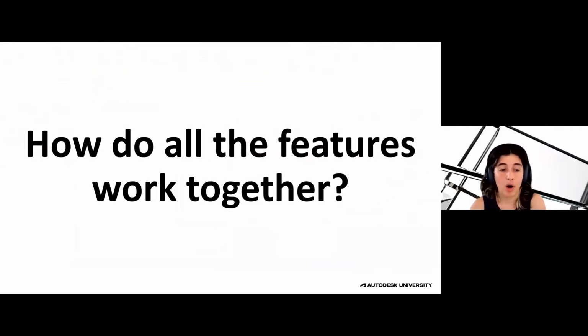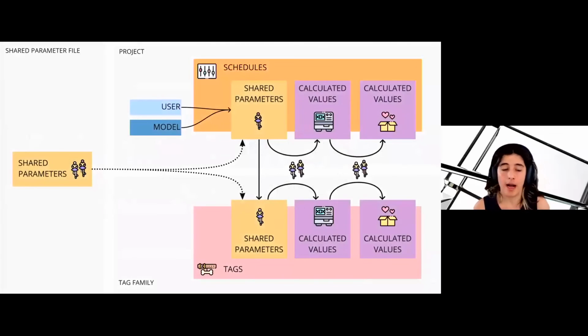So how do all the features work together? Just as a recap of what we already discussed, we learned that we have the shared parameters, we have the project and the tag. The shared parameters link both of them together, making sure that it synchronizes. We have the calculated values, which sometimes are multiple calculated values that get combined together to return the value that we want in the end.